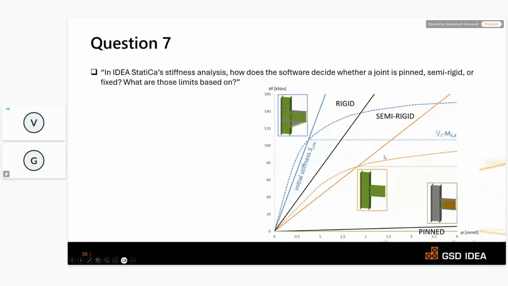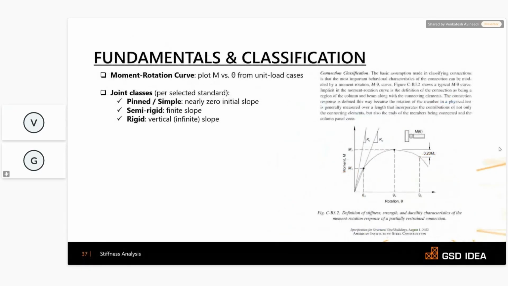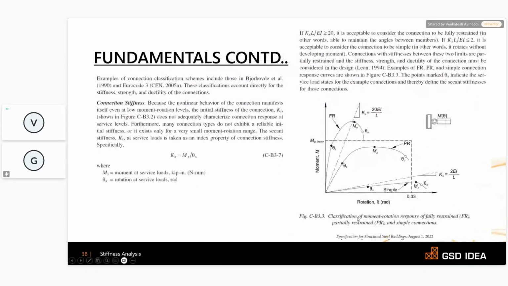So the question was, what is the basis for this? If you refer back to the code, the code has already suggested that the classification will be based on the moment rotation curve, and we have two stiffnesses, the initial stiffness and the second stiffness, plotted as tangents to the moment rotation curve. In addition, the code also specifies the limitations for the pinned limit as well as the rigid limit.